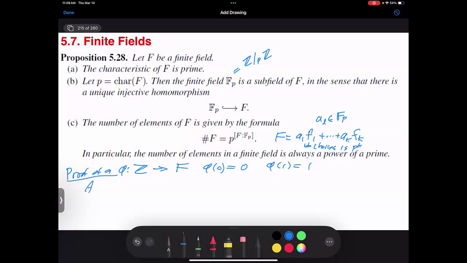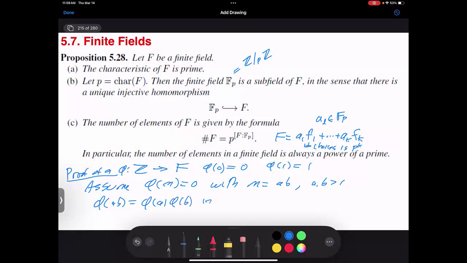So assume phi of M equals 0 with maybe M equals AB. And let's say A and B are greater than 1. We want to somehow get a contradiction. What's true about phi of a product? It is the product of the phis. But F is a field.